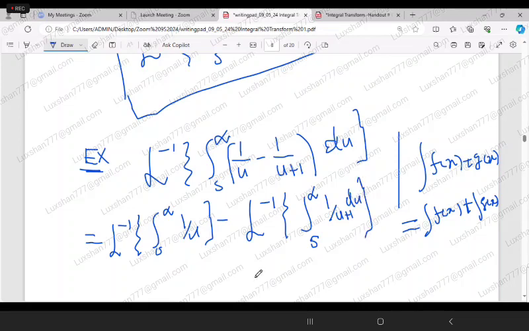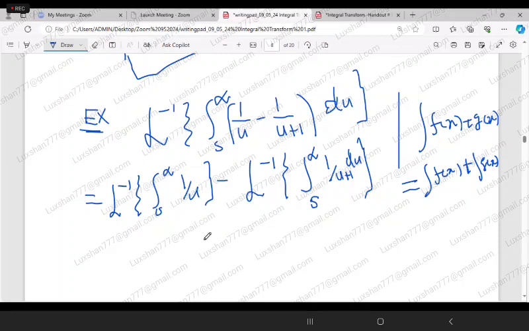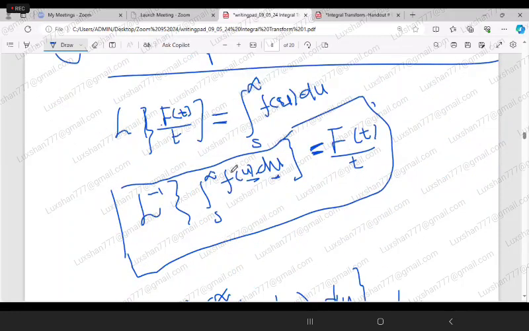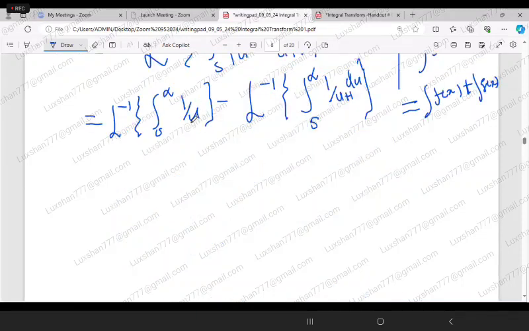You can write this. Now, using this one, when you have something like the integral from s to infinity of f(u) du, that is f(t) over t. So can you tell me what is the inverse Laplace transform of 1 over u?